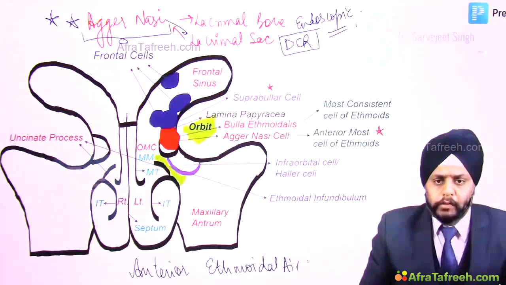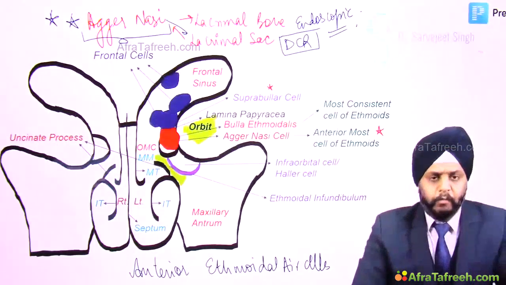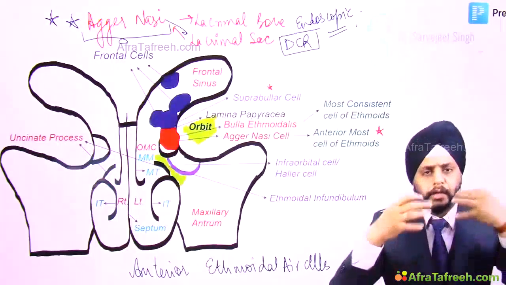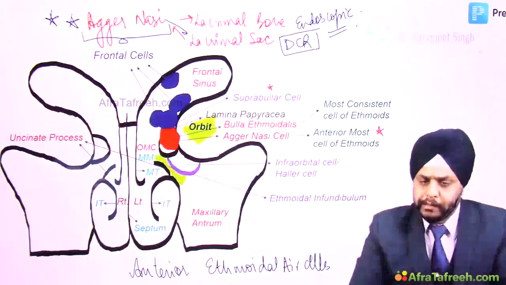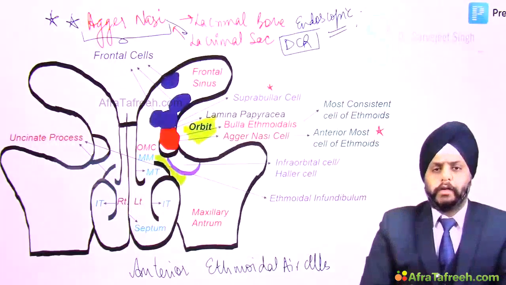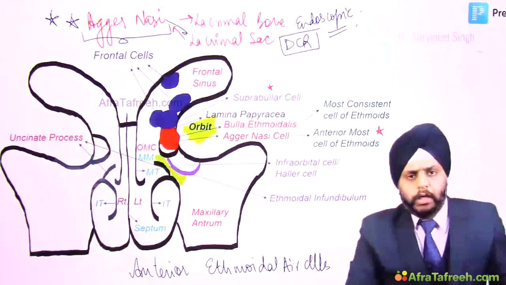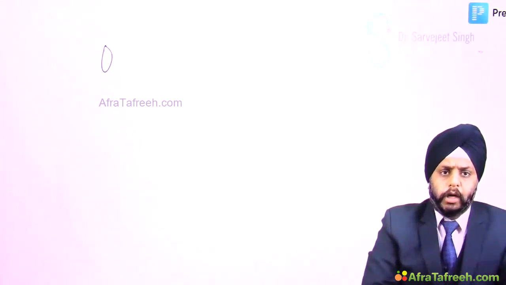Why? Because they all drain into the middle meatus. We have the posterior ethmoidal air cells. They drain into the superior meatus. In the posterior ethmoidal air cells, we have one air cell which is the utmost important, and that is known as Onodi cell.